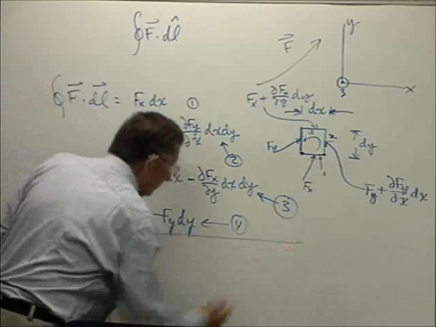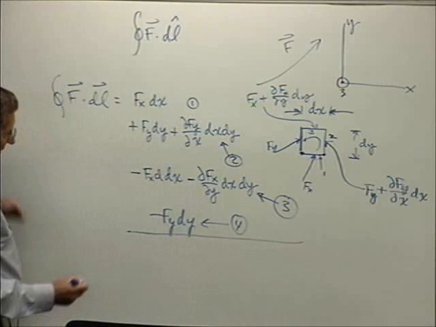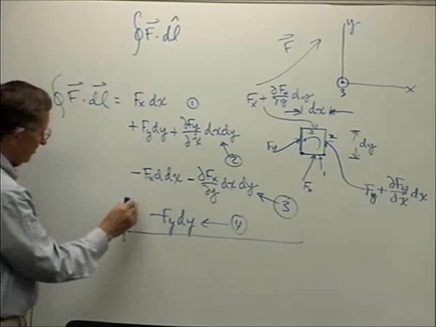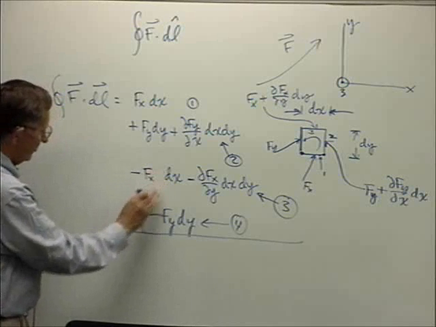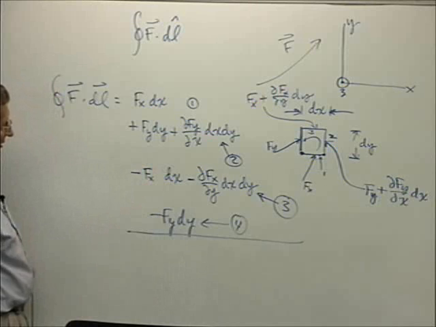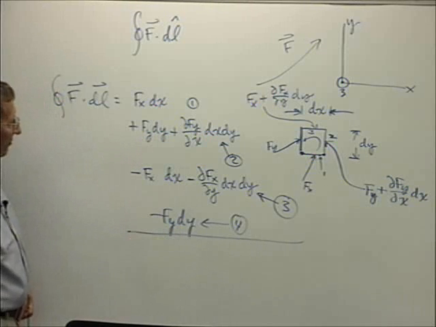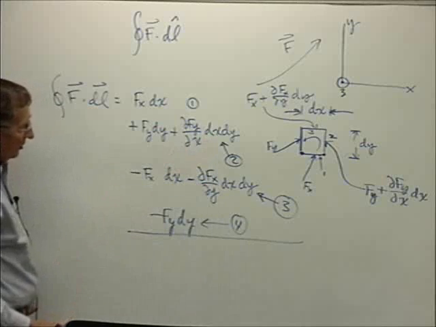What's this equal to? Well, the Fx dx cancels with the minus Fx dx. The Fy dy cancels the corresponding term, and I end up with just these two partial terms.